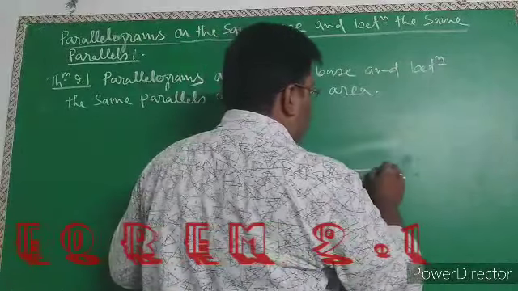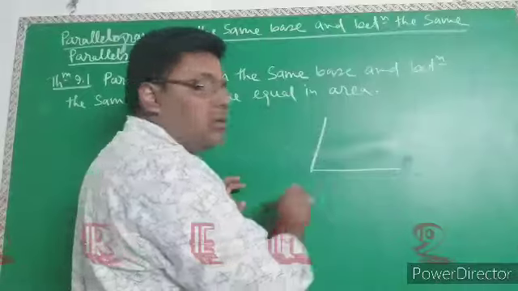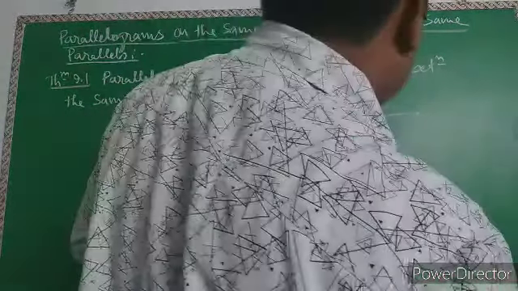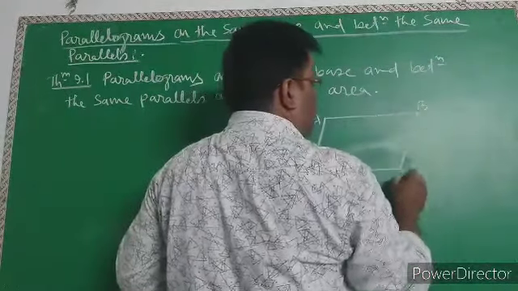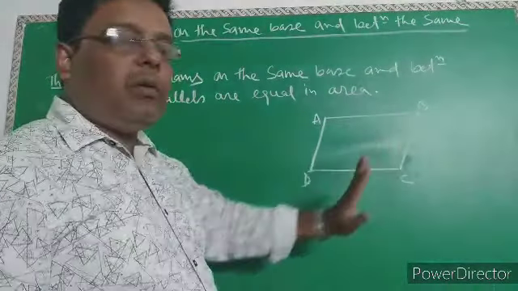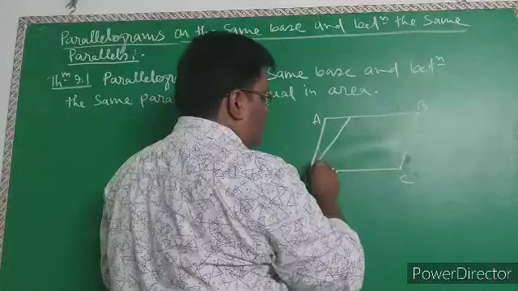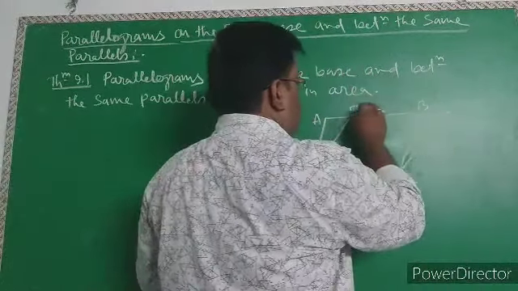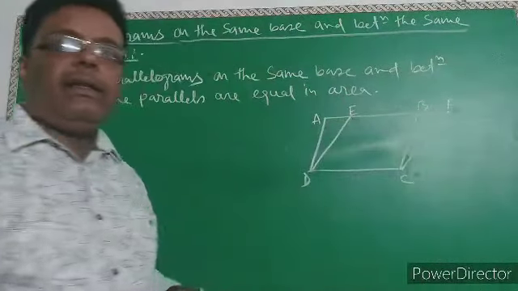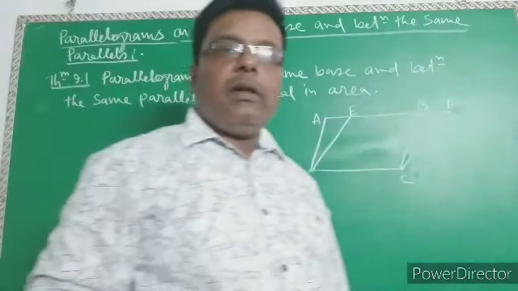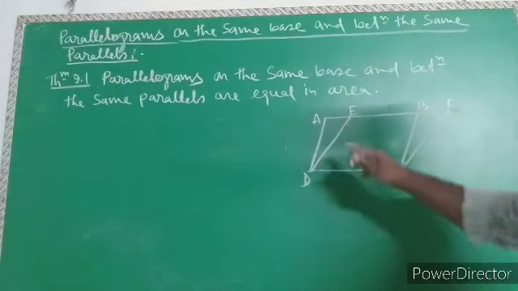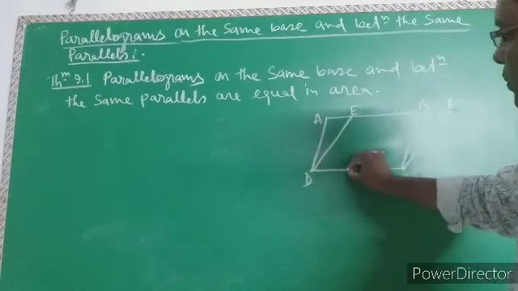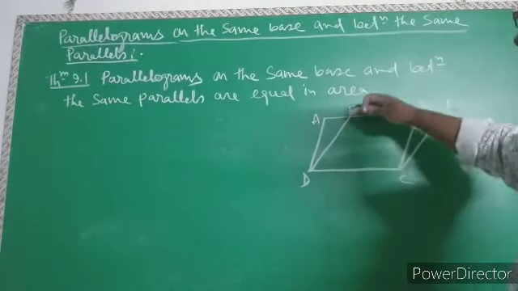Let us suppose we have a parallelogram ABCD, and taking CD as the common base, we draw another parallelogram EFCD. See, ABCD and EFCD are two parallelograms, and both these parallelograms lie on the same base CD and between the same two parallels.